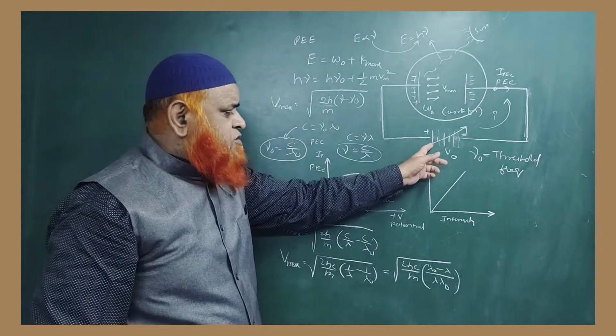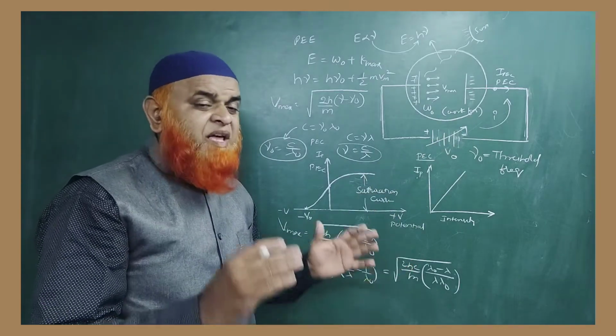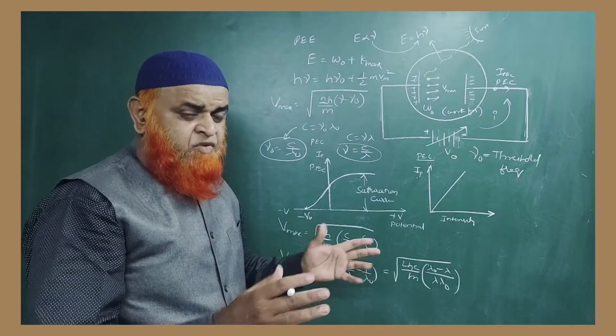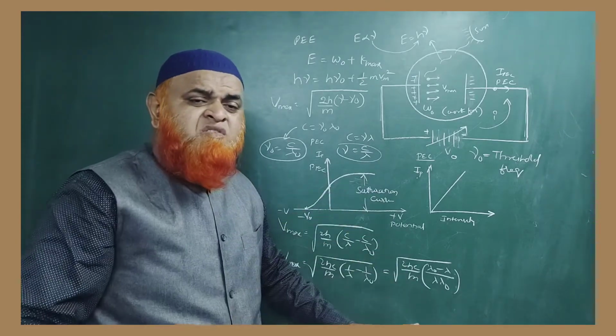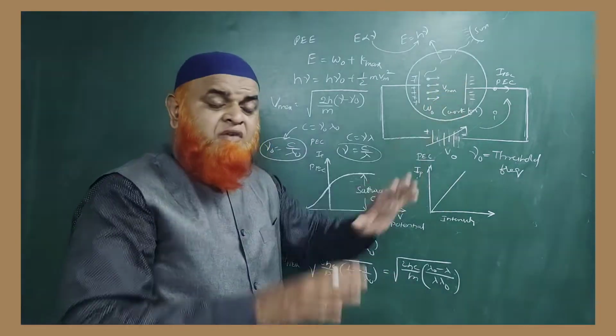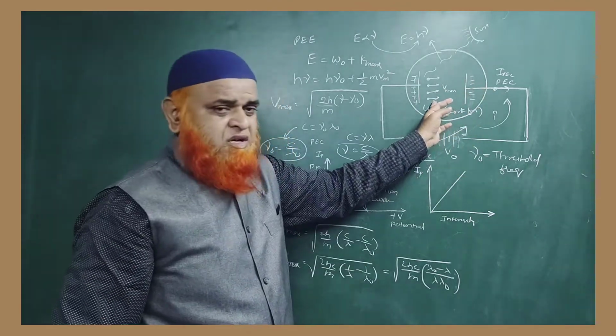At a certain potential, if the negative potential is slowly increased, a point will be reached which is called the stopping potential, at which the photoelectric current becomes zero because of repulsion of the same type of charge on the electrons, which are negatively charged.